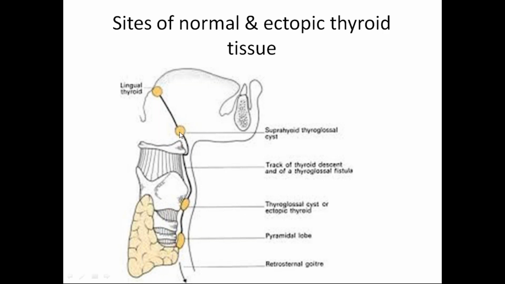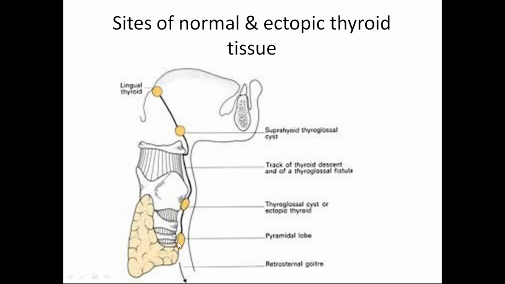And then during the tract, if it gets stuck near the hyoid bone, and if it is above the hyoid bone, it is a suprahyoid thyroglossal cyst. And if it is near the cricoid cartilage, it is a thyroglossal cyst, or the normal ectopic thyroid, which we normally say. And then this becomes the pyramidal lobe.